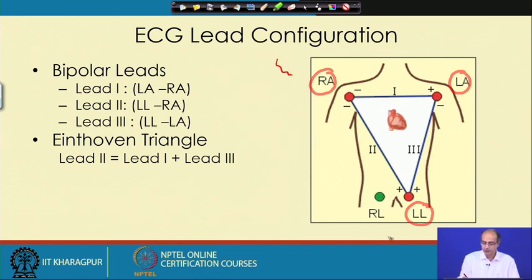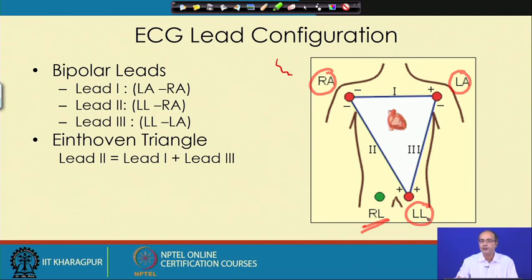And the right leg, this point actually it is permanently grounded. So, that is the way that the configurations are done. These leads are used for the bipolar lead configuration, and the connection is not done in the shoulder or in the groin as it is shown in the picture.